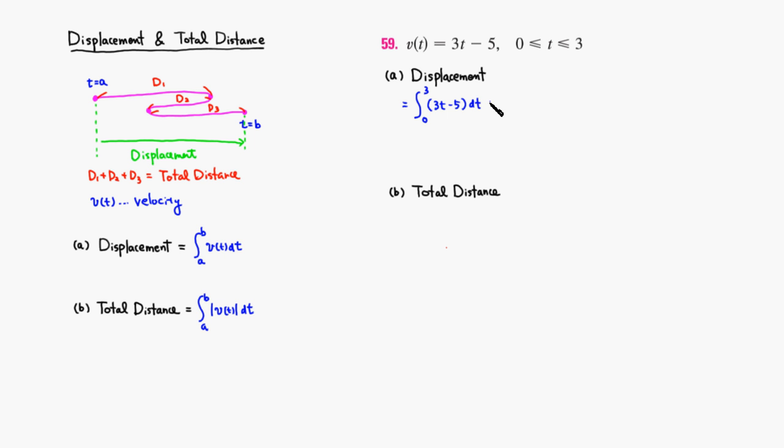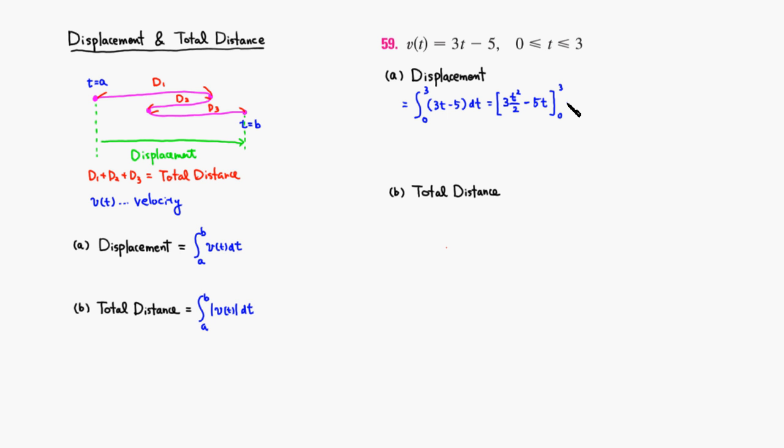The antiderivative of this is going to be 3, which is just a number, times t squared over 2, minus 5t. And then you're going from 0 to 3.